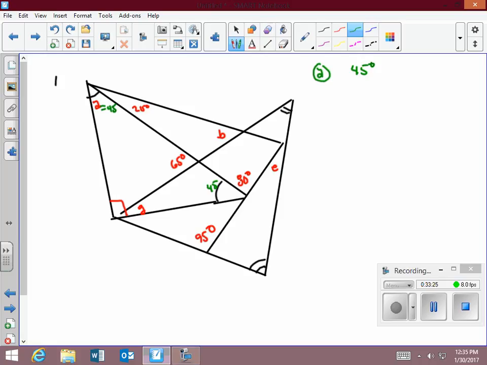And then could we figure out G by calculating this angle? That angle would be 180 minus 65, wouldn't it?